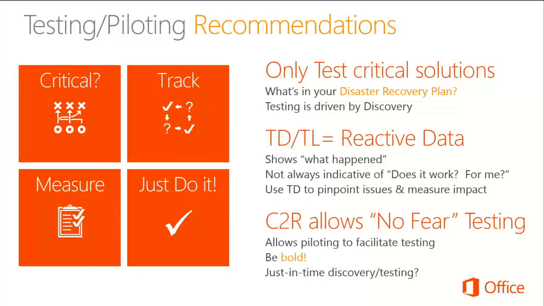But if it's really critical to the business, if your building goes away one day and it's not accessible, you have to go somewhere else, what Office solutions need to be working in that other environment? Those are the things that need to be tested. Now, telemetry can help you get there, but really, if it's critical to the business and you can't live without it, it should be in your DR plan.